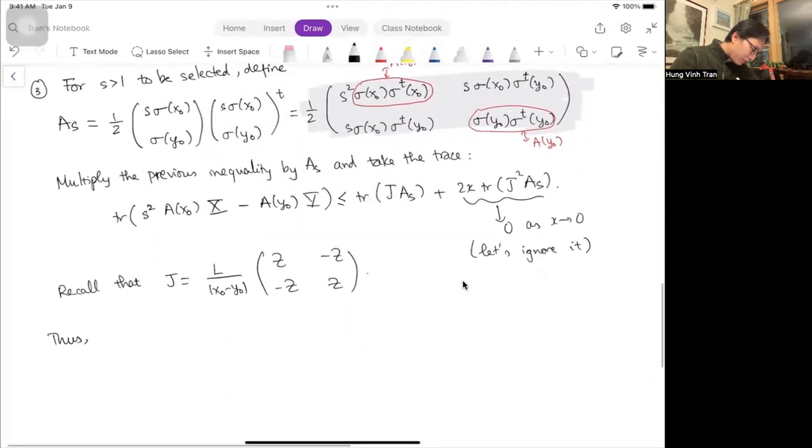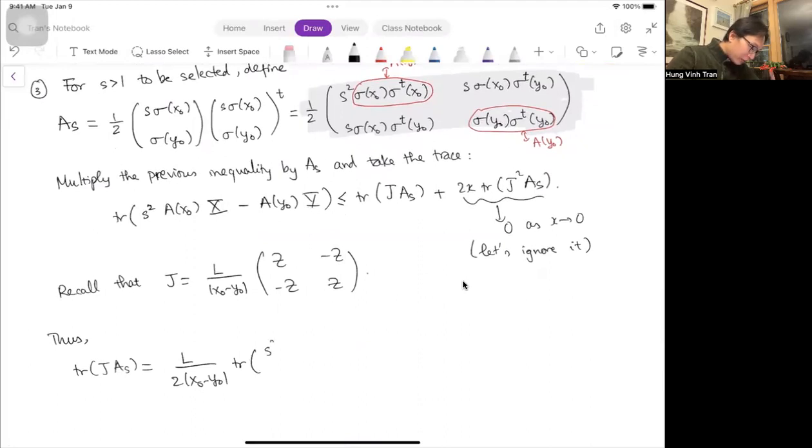So how do we compute the trace of J times AS? It equals, just by exact computation, L over 2 times the length of X naught minus Y naught times the trace of a block matrix times a block matrix.